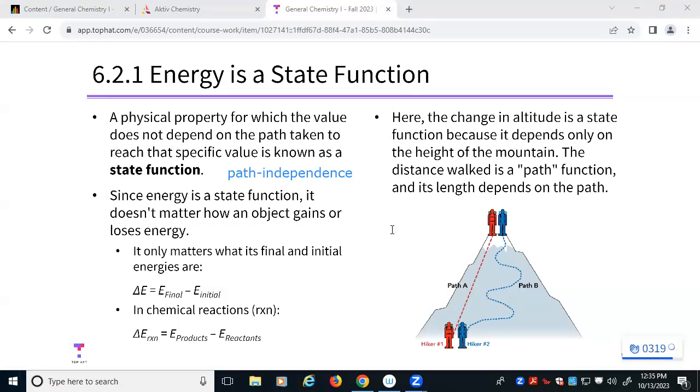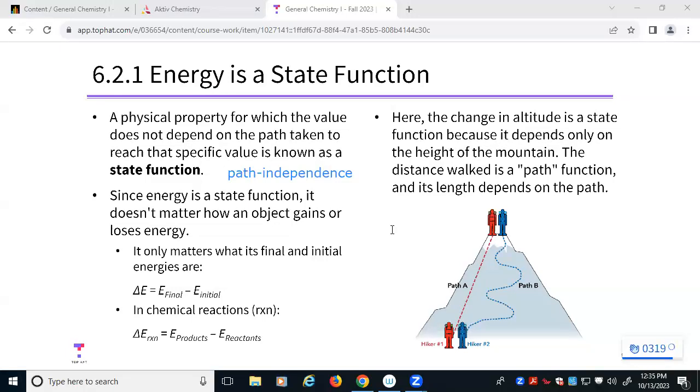Ultimately, what matters to us is the difference in our energies. So if we're looking at this from an energetic standpoint, at the top of the mountain, we have considerably higher potential energy than we did initially because of gravitational position.